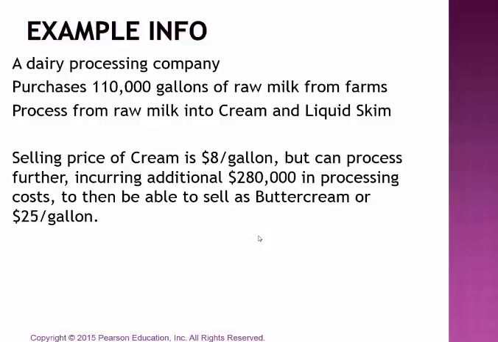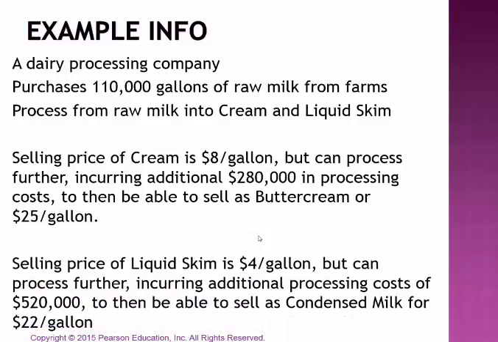They will incur an additional $280,000 in processing cost just for taking the cream and turning it into another product called buttercream. But the buttercream can be sold for $25 a gallon, not $8 a gallon like the regular cream.